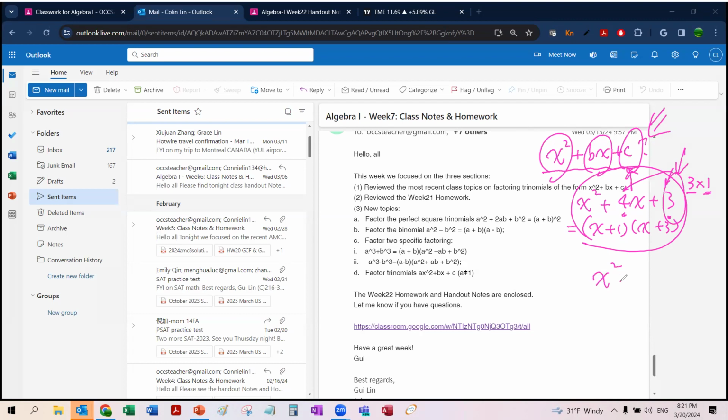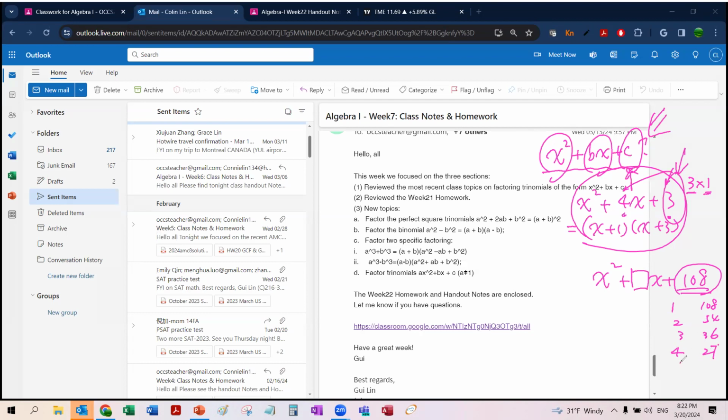I think last time we tried to factor something like 108, and here it has a huge number. So when they factor this over 5 or 6 pairs of factors, like this one, say 1 times 108, 2 times 54, right? 3 times 36, 4 times 27, right?